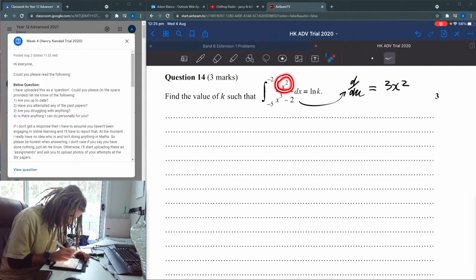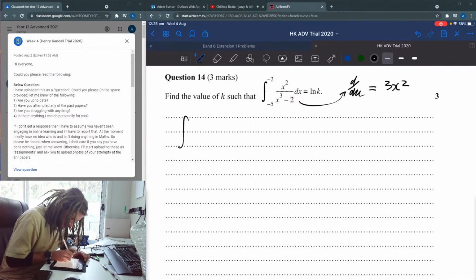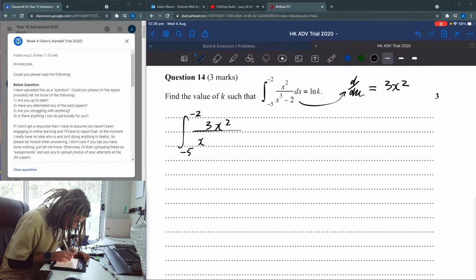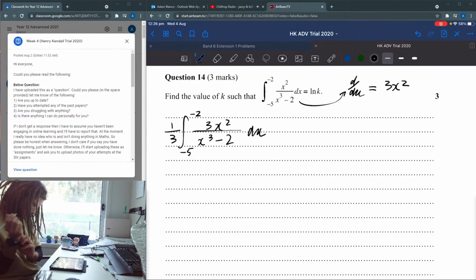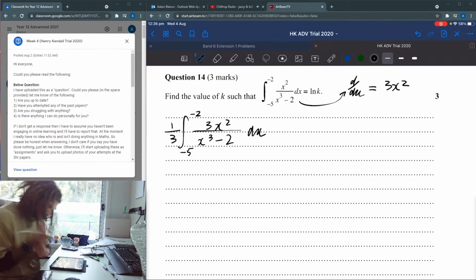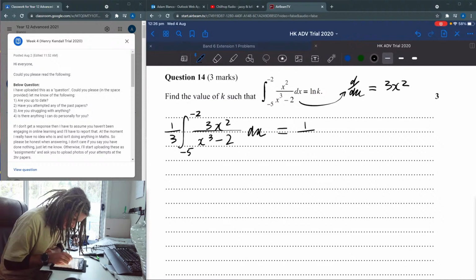There's no 3 up here. I want there to be a 3, so let's put a 3 there and make sure I fix it. So all I've done is times by 1 essentially. That's equal to, let's leave the third out there.